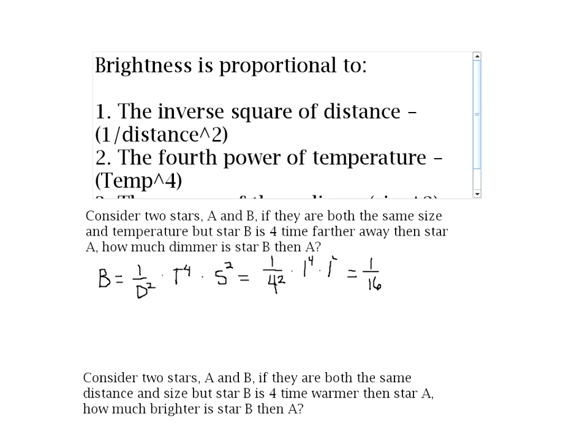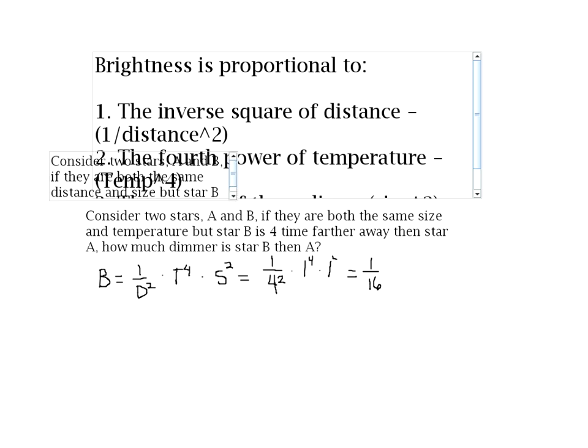If we take a look, it looks like this is too far down there. I'm going to move this up so that we can see it. Okay, consider 2 stars, A and B. If they both have the same distance and size, but star B is 4 times warmer than star A, how much brighter is star B than star A?